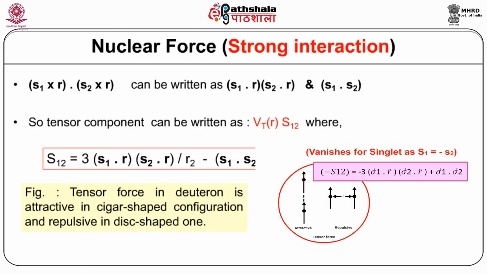In the cigar shape, the two spins are parallel but one over another, so the tensor force is attractive. But when the arrangement is like a disc, that is, when they are parallel and separated by some distance, then this tensor force is repulsive in nature.